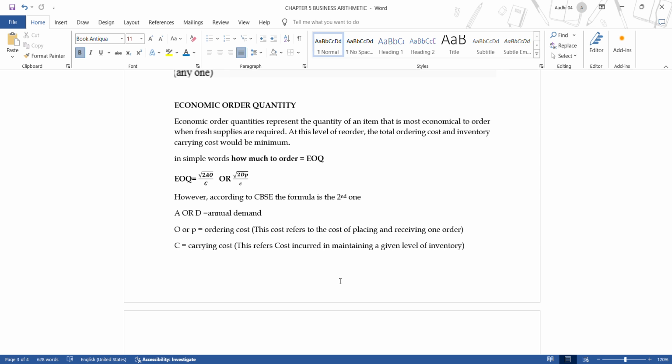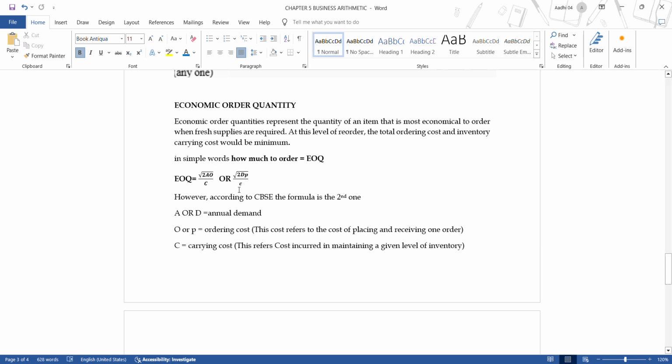However, according to CBSE, in your textbook, the formula used is the root of 2DP by C. It will be very good if you use the second formula, and if the question comes in the CBSE board paper, it is better to expand the formula and write it: EOQ is equal to root of 2 into annual demand into ordering cost divided by carrying cost.